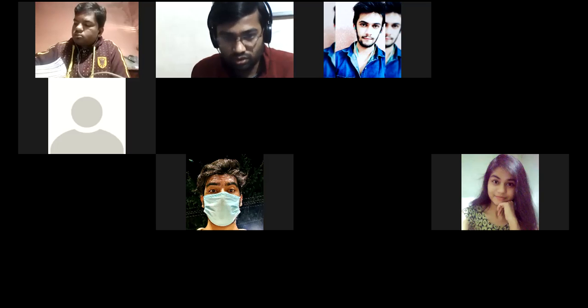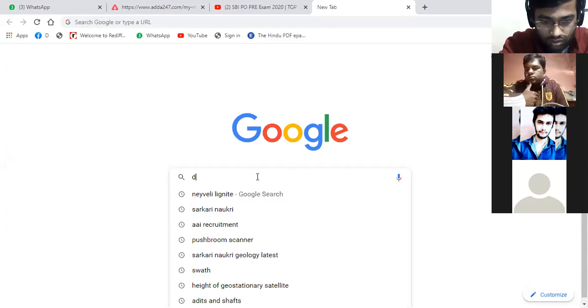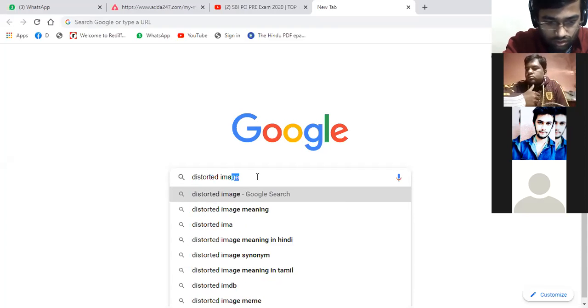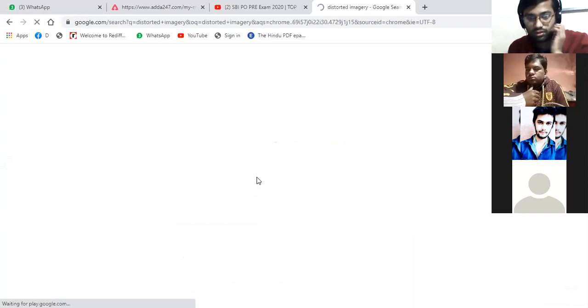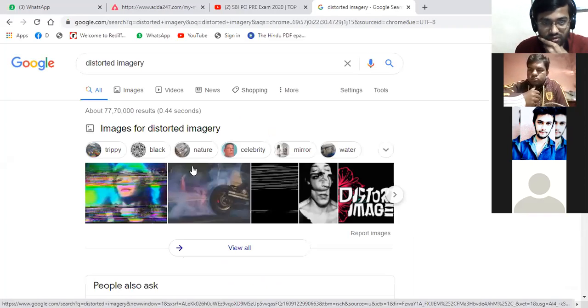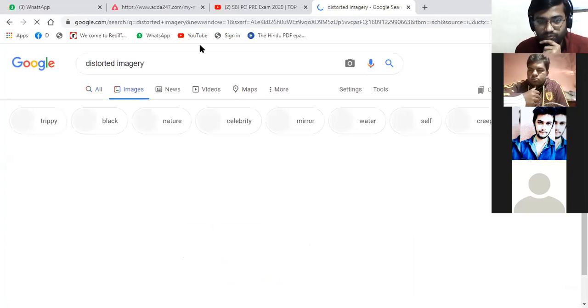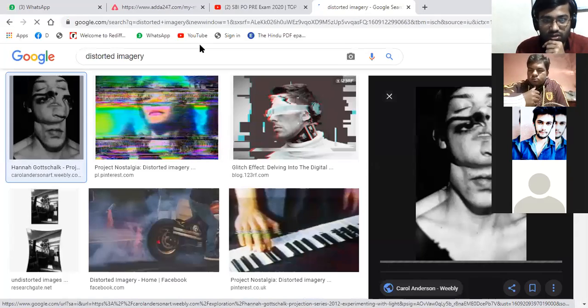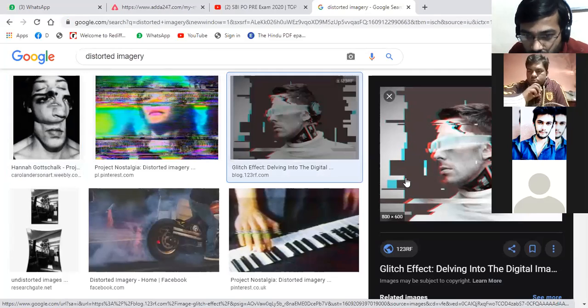Okay, I will show you one distorted image. See this. All these are distorted images. In this imagery you will see your pixels are displaced from the original position. Now observe this photograph carefully. You can have a little idea about the pixels.